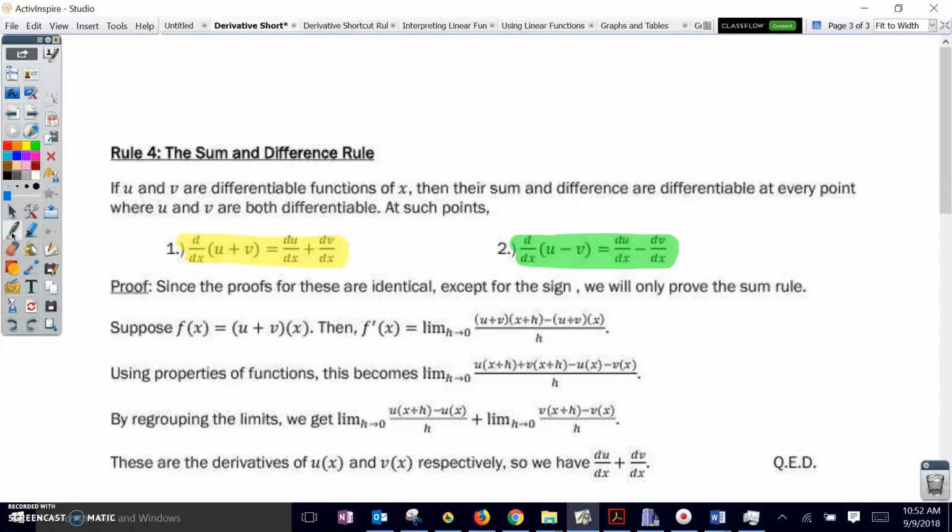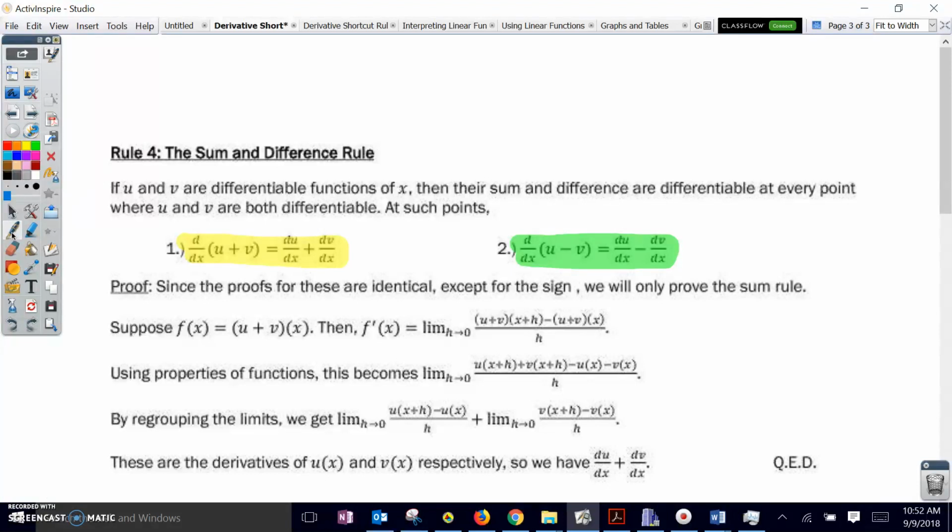The derivative of the sum of two things is equal to the sum of their derivatives, and the derivative of the difference of two things is equal to the difference of their derivatives. This rule enables us to handle any derivative that has multiple terms by taking the derivatives of each individual term and adding them or subtracting them depending on what sign appears between them.